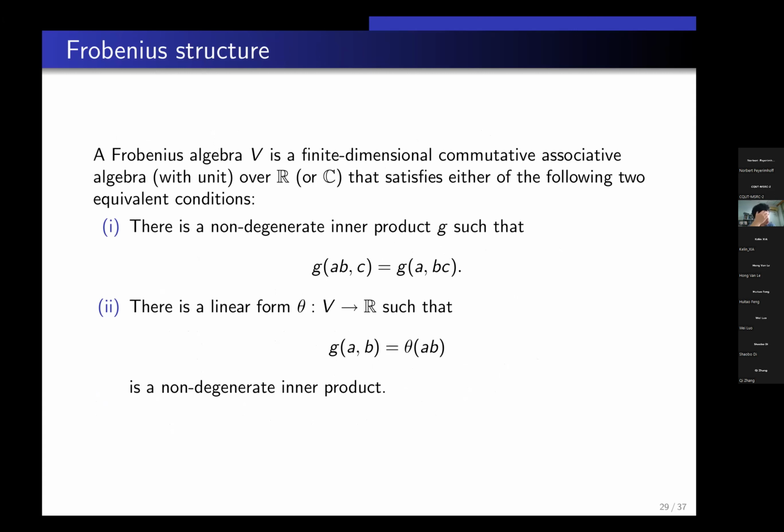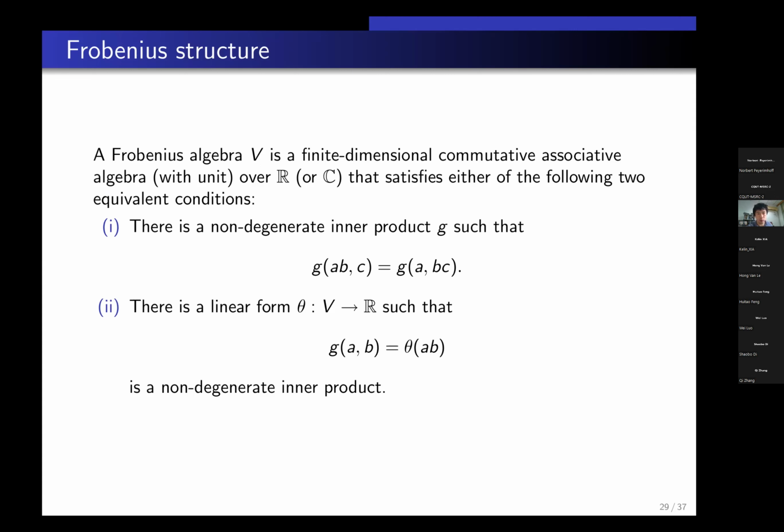Okay, so I will connect it to the Frobenius structure on the statistical manifold. A Frobenius algebra is a finite dimensional commutative associative algebra. We will see commutativity is always satisfied for the statistical manifold, but associativity is a very important property.